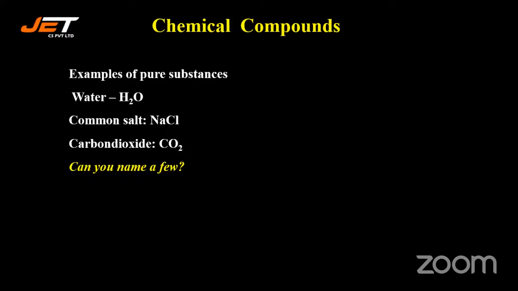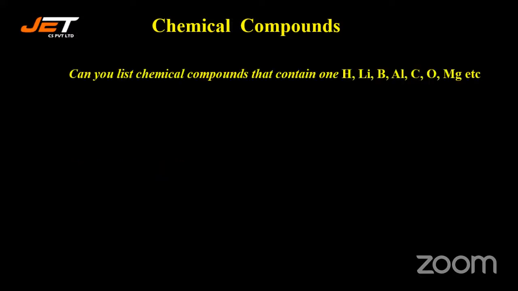Yeah, that can be another example also. Those are the different pure substances. If I ask you for a list of chemical compounds with one hydrogen, one lithium, one boron, one aluminum, I won't say calcium carbonate, because it is not a pure thing.